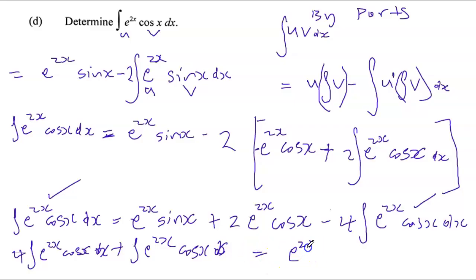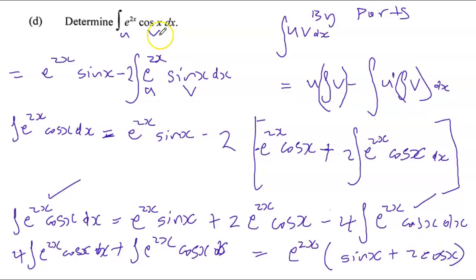Let me just factor out e to the 2x since it's common to both terms. So it's e to the 2x, and in the bracket we'll have sin x, and factoring out e to the 2x from here, we'll have 2 cos x.